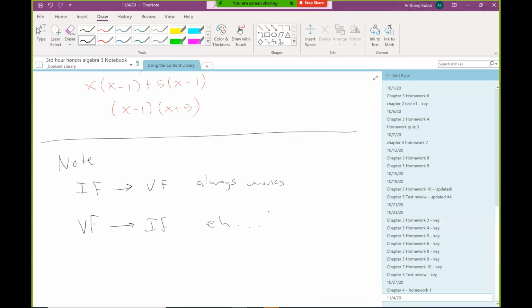What part of that process could we run into some trouble? So the factoring piece, right? Yes, very good. So I should say our factoring doesn't always work.